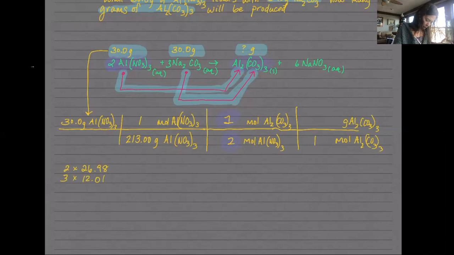And then for oxygen, we have 3 times 3, that's 9 times 16. All right. So what I've got here is a molar mass of 233.99. I should do that again. If I'm wrong, tell me, please.